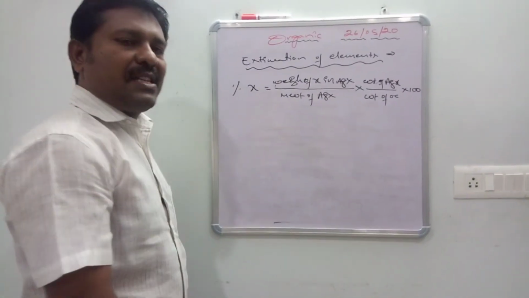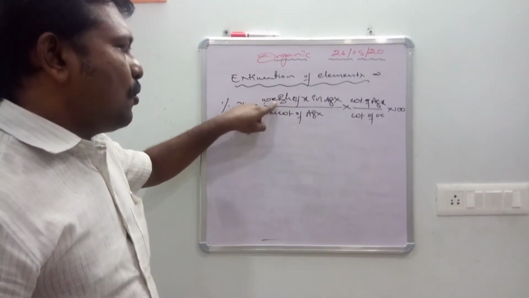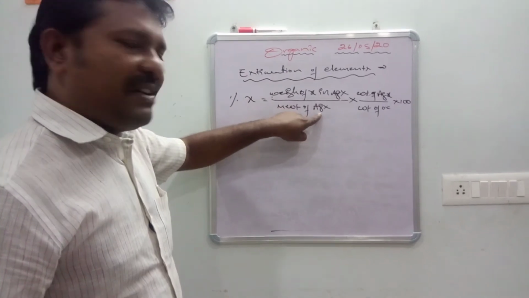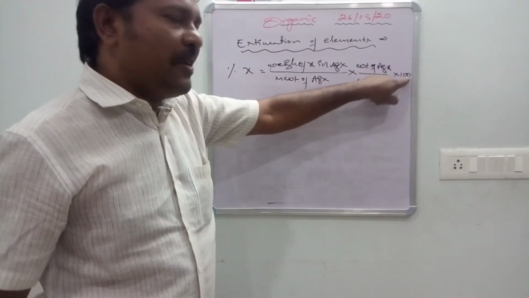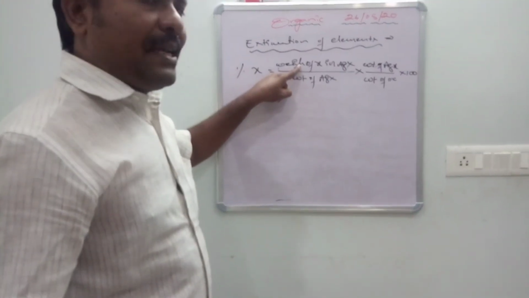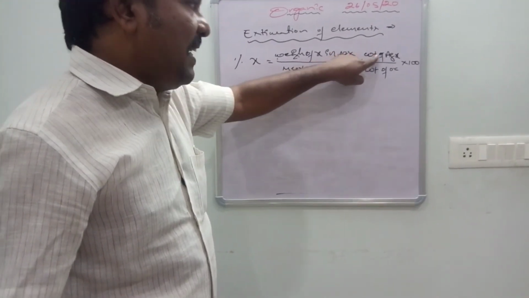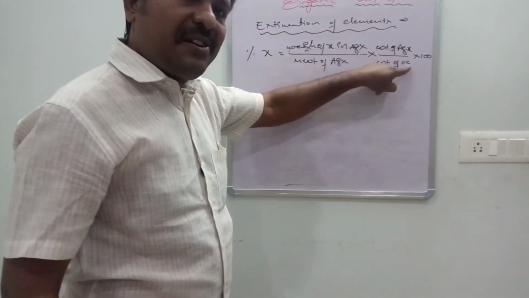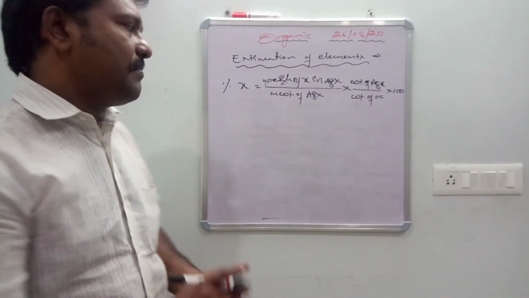That is percentage of halogen. For AgCl, chlorine weight by molecular weight of AgCl into weight of AgCl by weight of organic compound into 100. If X is bromine, weight of bromine by molecular weight of AgBr into weight of AgBr by weight of organic compound into 100.